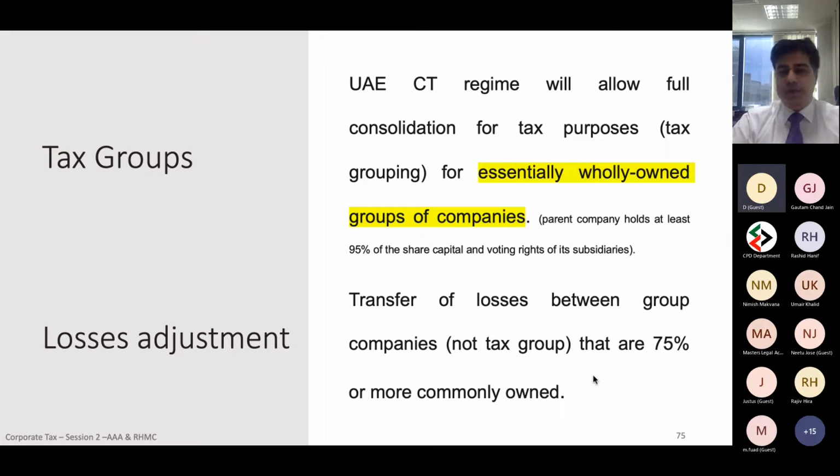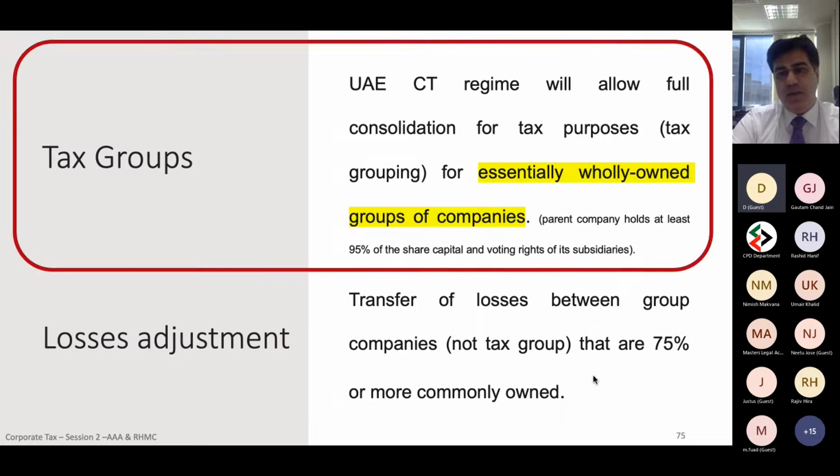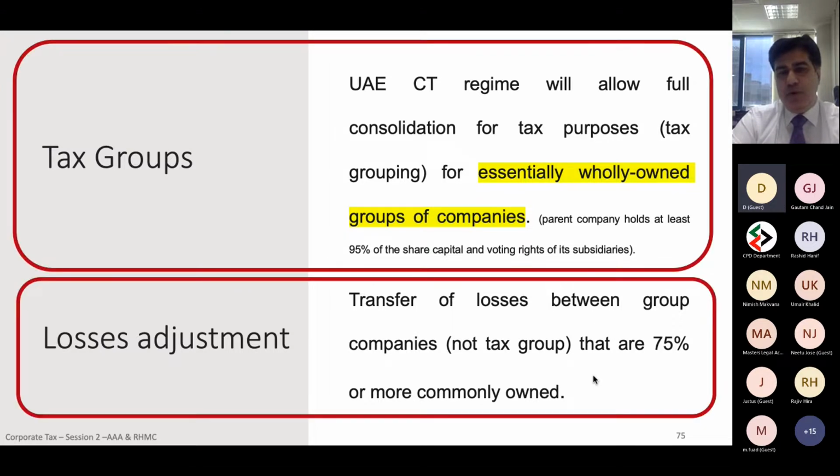So what we do for those transactions, we'll not get into cross billing and all that stuff. That's a different subject. But there is a possibility, and that's why this legislation or this section is quite important to look at. Very important. Two are different sections. You are making a tax group. Second, you are not making a tax group, but still you are part of a group of companies holding 75% as common ownership, and hence you will get the benefit of loss adjustment.